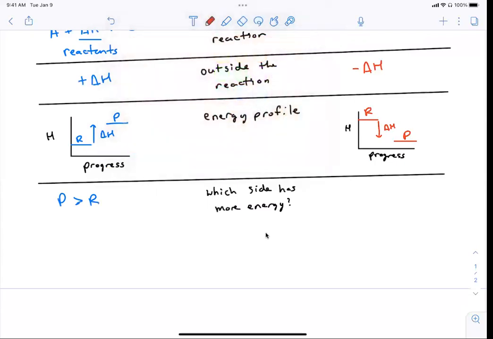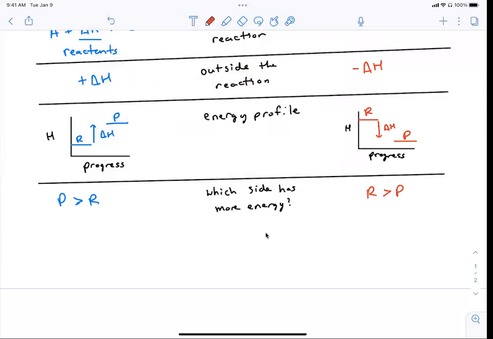And in the exothermic, the reactants have more energy than the products. I know a lot of this seems redundant, but I'm trying to give you different context to understand this, because there's a lot of different ways you can ask this question. I don't want to just say it's always negative and always positive, because the IB finds different ways to ask the same question. They might ask you about endothermic versus exothermic in terms of energy profile, or energy states, or which one's more stable, which we're going to talk about in a second.